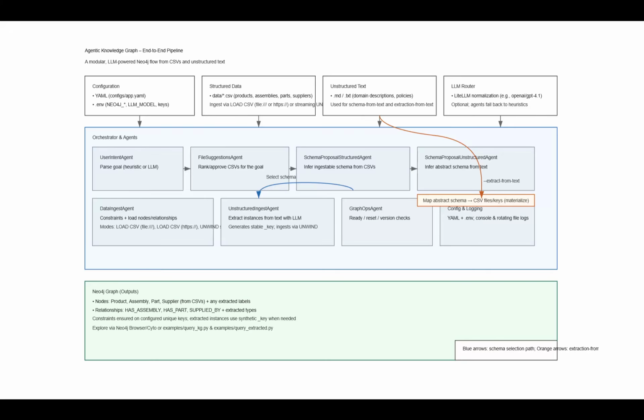So what we are going to do here is create a knowledge graph using some structured data. We will create a graph, and then we will be able to query this graph later on with an MCP client. In this case, we will use Claude Desktop connected to a Neo4j database.